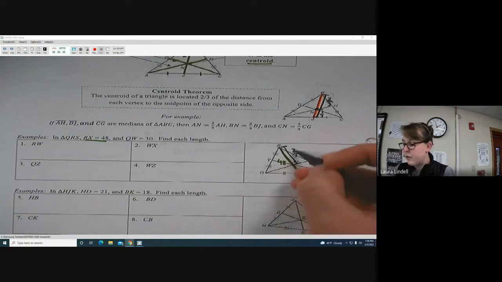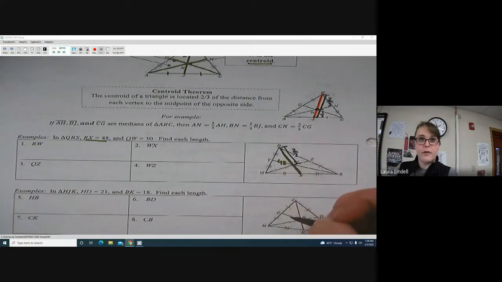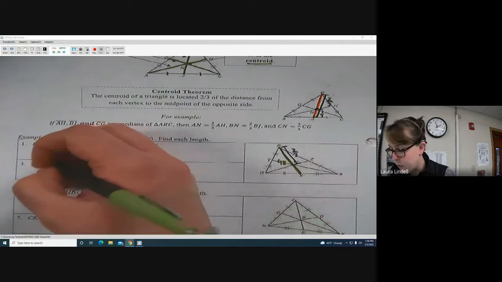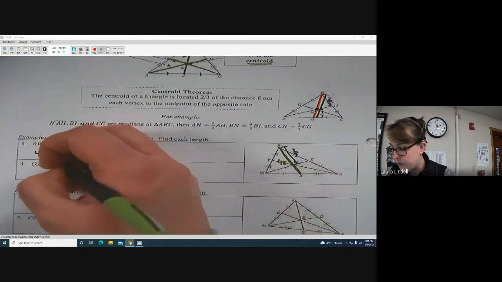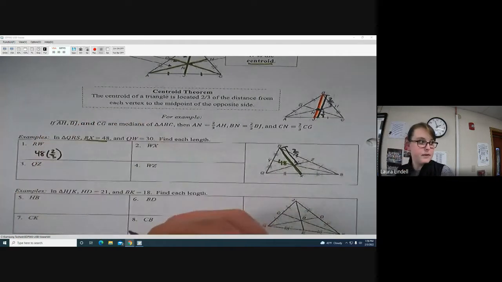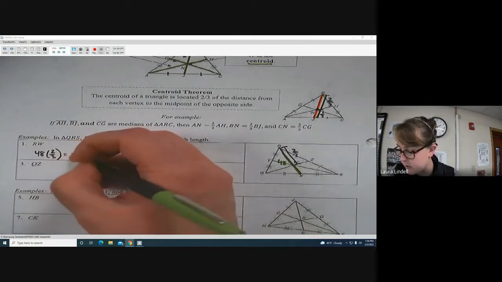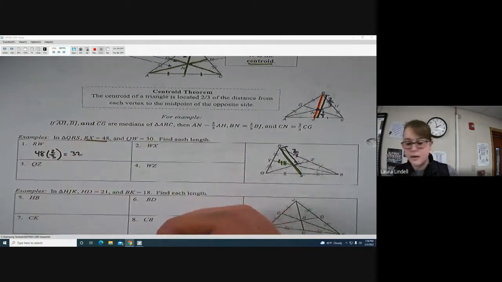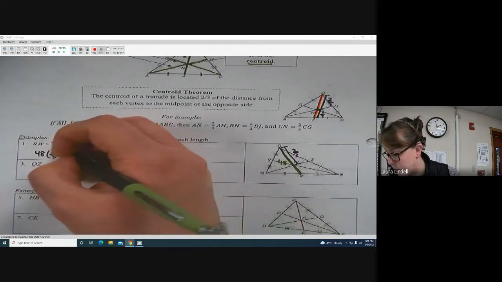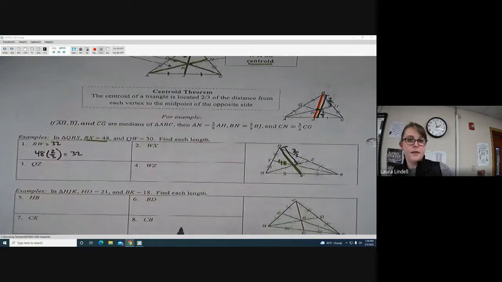So if this is 2/3 of the whole thing, one way you can find 2/3 is go 48 times 2/3. You can do that in a calculator or by hand. Either way, you should get 48 times 2/3 is 32. So that means that RW is 32.